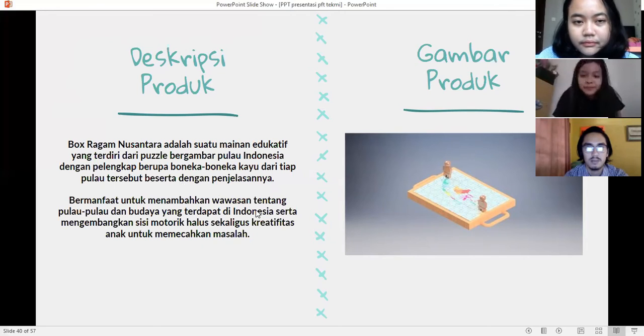Box Ragam Nusantara is an educational toy consisting of a puzzle illustrating the Indonesian islands with a complement of wooden dolls from each of these islands, along with an explanation. The function is to add insight into the islands and culture found in Indonesia and to develop children's creativity to solve problems. And here is the illustration of our product.